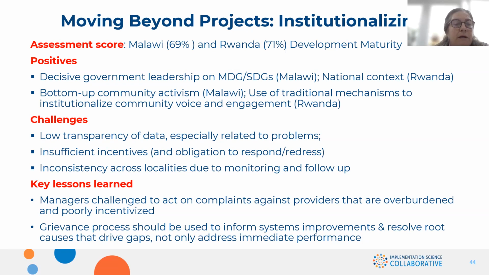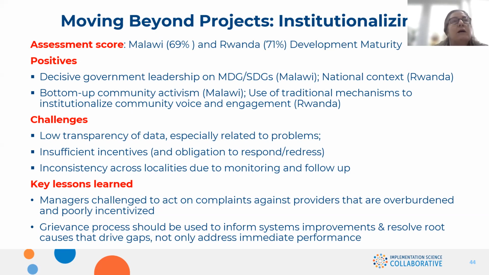It was bottom-up community activism in Malawi and the use of traditional mechanisms to institutionalize community voice and engagement in Rwanda. The challenge, however, was the low transparency of data. In Malawi, for example, when it was CSO or bank-led, there were scorecards that were presented.